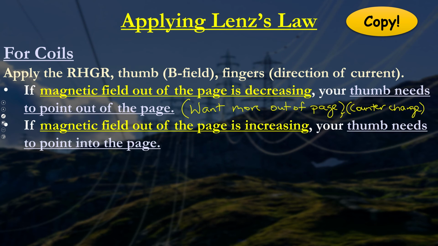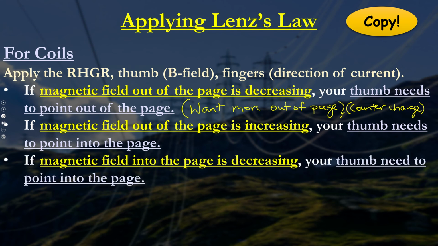If magnetic field out of the page is increasing, then you want your thumb pointing into the page, so you want to repel the increasing amount of magnetic field. If magnetic field into the page is decreasing, thumb needs to point into the page.